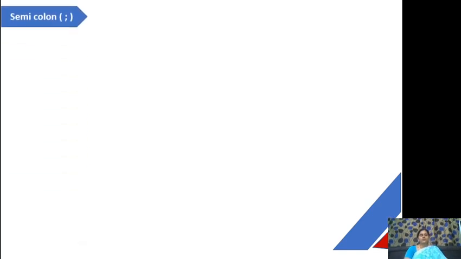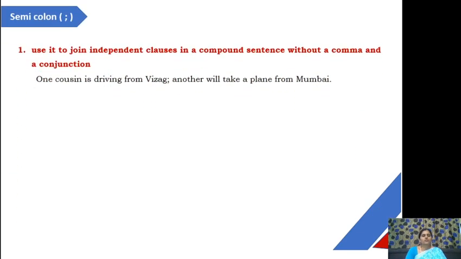Now let us take one more punctuation mark, that is the semicolon. So when to use this semicolon? Use it to join independent clauses in a compound sentence without a comma and a conjunction. If you are not using any conjunction to join the compound sentence, instead of a conjunction we use a semicolon.